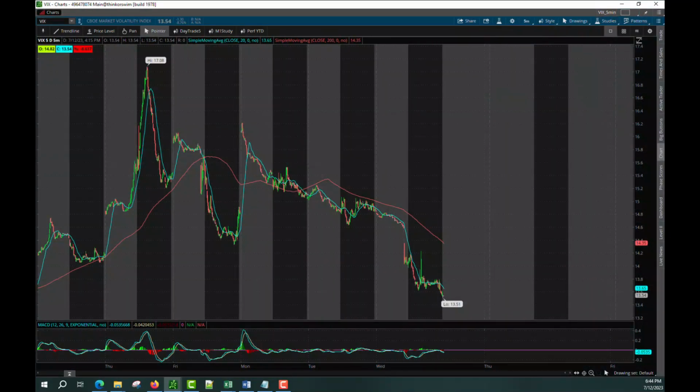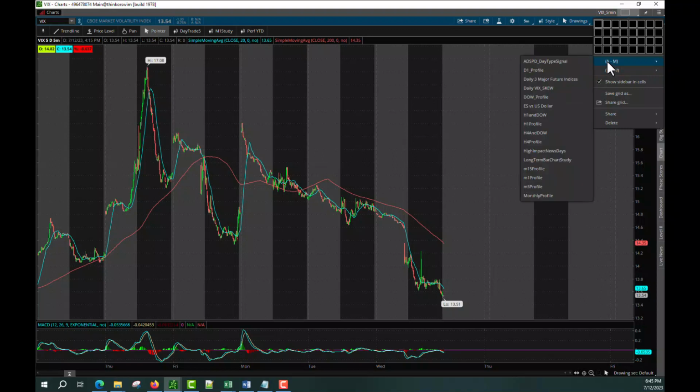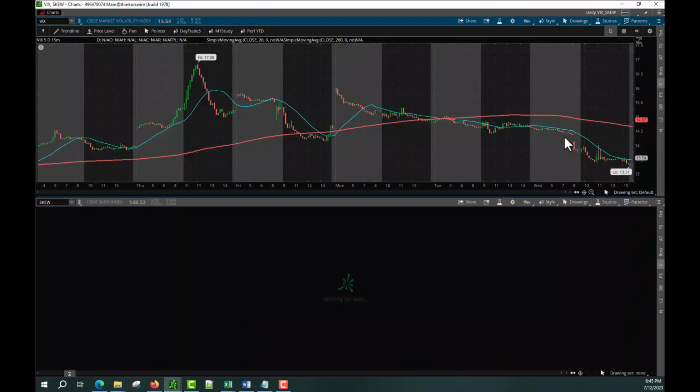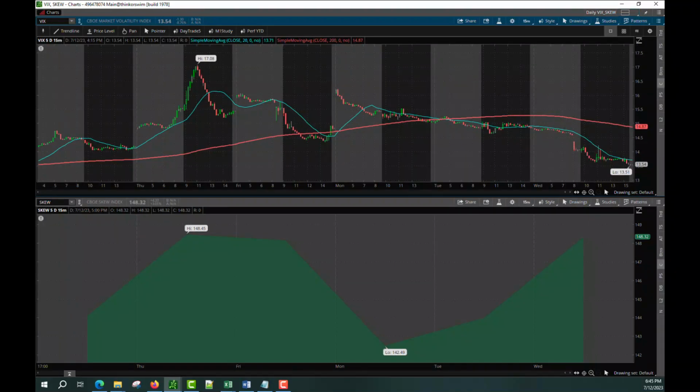The week opened 1482 and closed 1354. How about the skew? We have the relationship between the wick and the skew. Wow, skew jumped up. That means someone is hedging. So someone buying and then hedging. They buy the put, so somebody is going up.